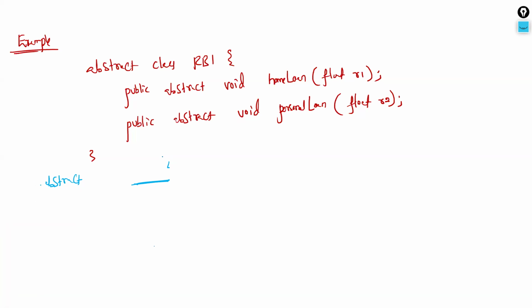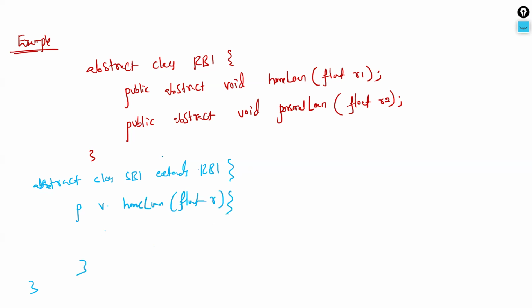For example, abstract class SBI, which extends RBI. Now here, public void home loan, float R1, then the body with some code.